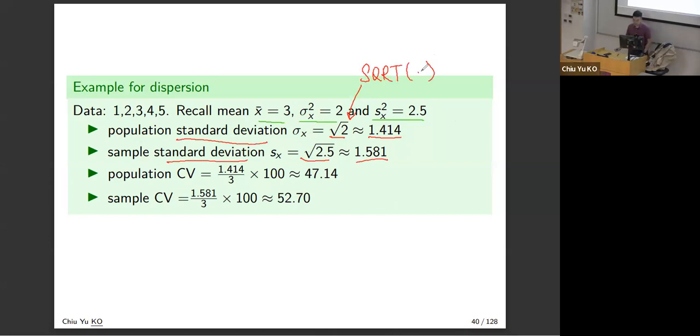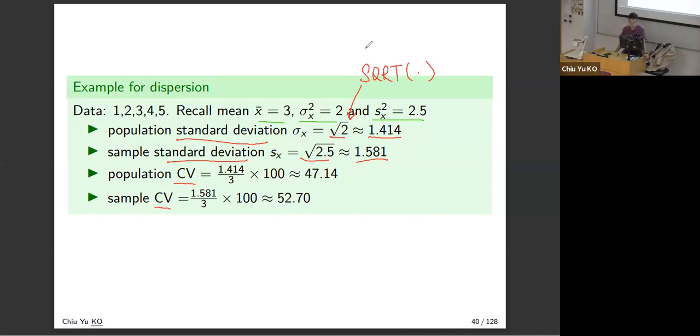And the population CV will be this one. But of course you can use STDEV.P and STDEV.S, which will be fine. We'll go over Excel in the next class, but this is what we have. We're working from scratch, and of course we'll also show you how to calculate from scratch in Excel as well. Is there any question?